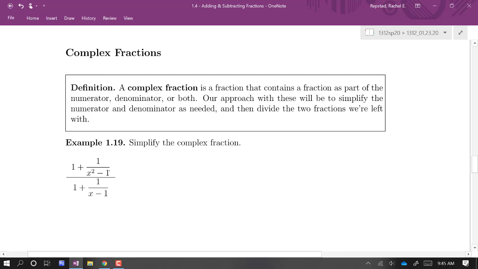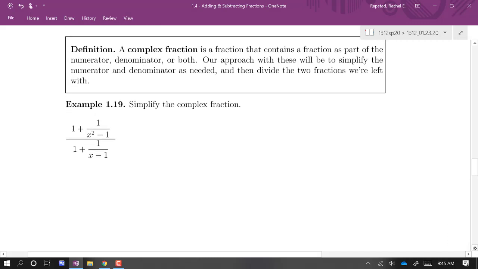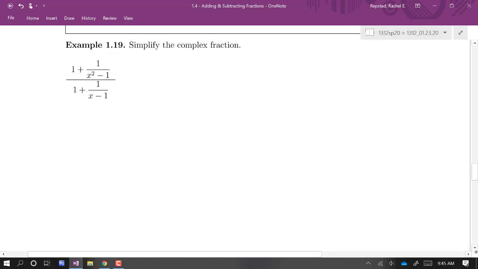And if we do that here, so let's see, let's do maybe a little side work. So the top, 1 plus 1 over, let's see, that would be x plus 1, x minus 1. And of course, anything without a denominator, you make it into a fraction by putting it over 1. So we need both those factors on the top and the bottom.